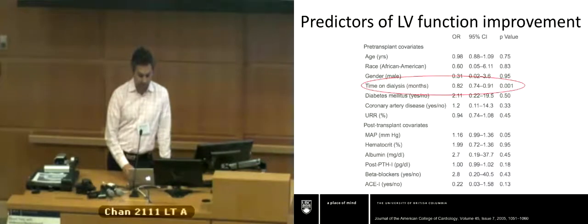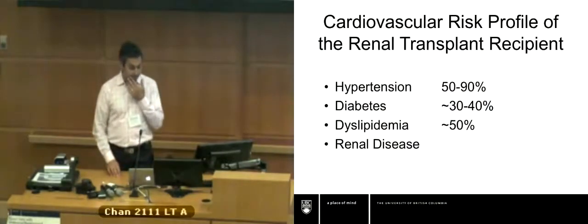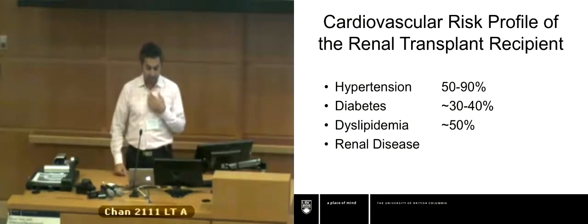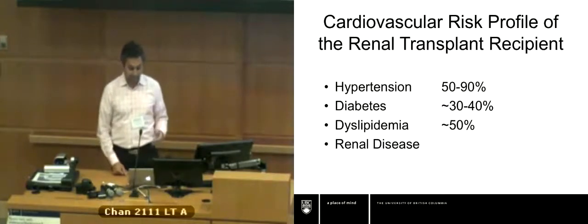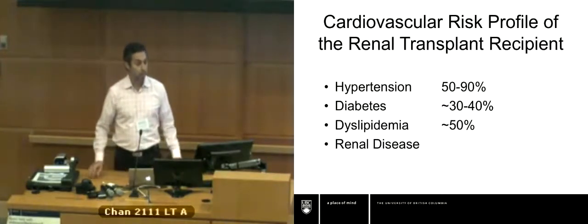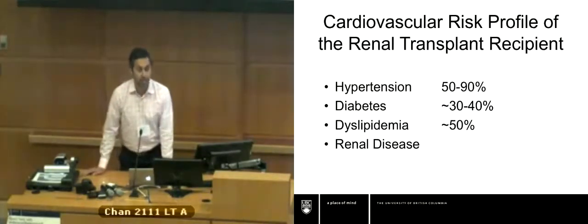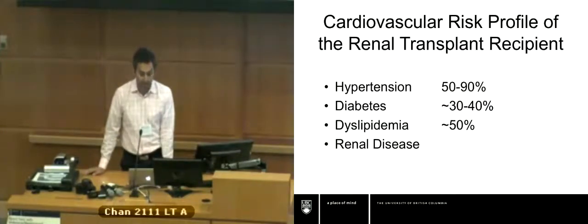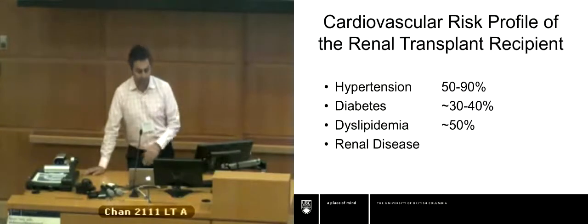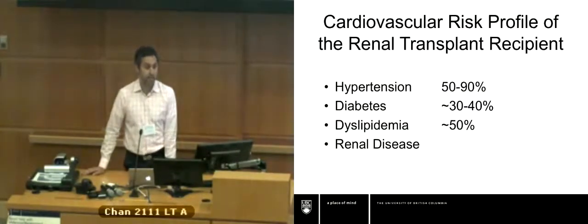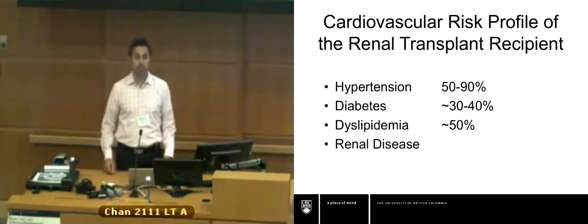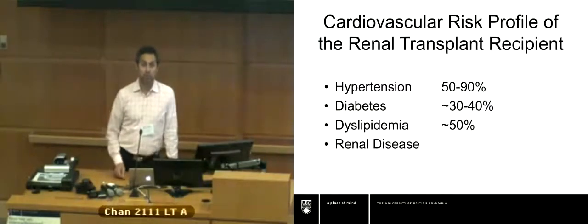Now, interestingly, once again, when you look at the cardiovascular risk profile of the kidney transplant recipients, by 1 year, 50 to 90% of patients post-transplant will have hypertension. 30 to 40% of them who did not have diabetes will develop diabetes. 50% will have dyslipidemias. A substantial proportion of patients will have abnormal kidney function post-transplantation.